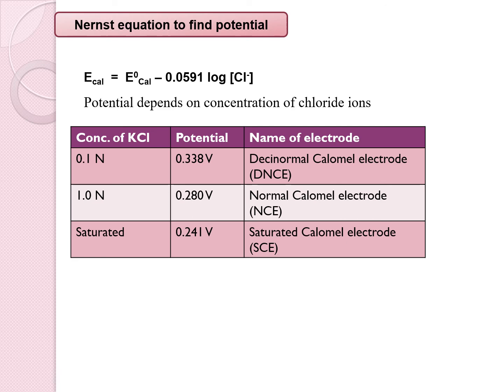The potential value of calomel depends upon the concentration of chloride ion. We can use three different concentrations: 0.1 normal, 1 normal or saturated. For 0.1 normal, the potential is 0.338, for 1 normal 0.280 and for saturated 0.241. The generally used calomel electrode is the saturated calomel electrode, known as SCE. Thank you.